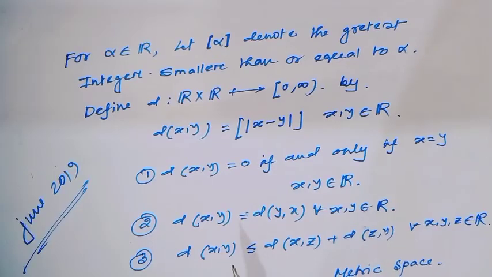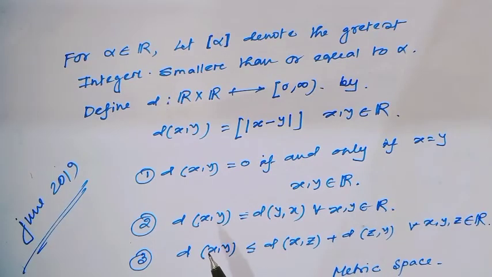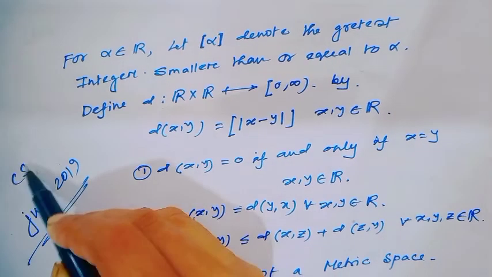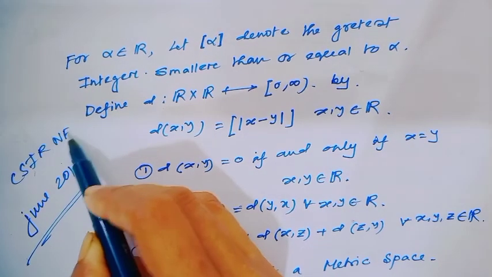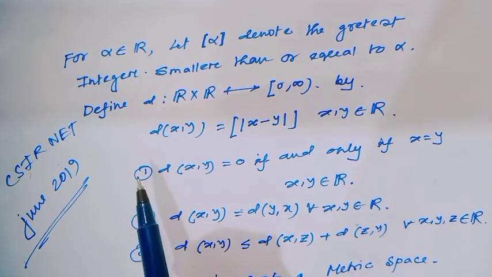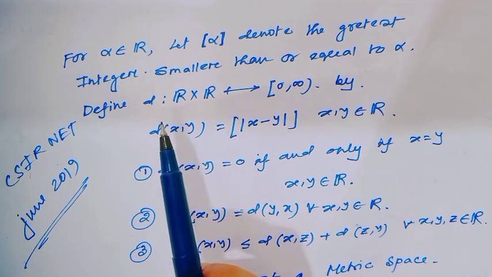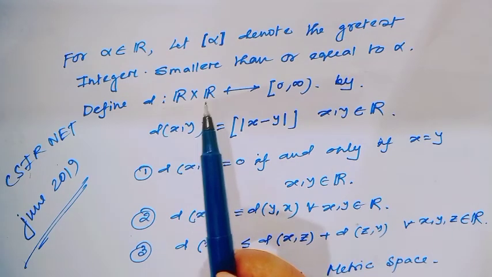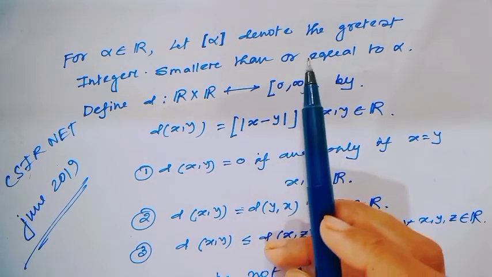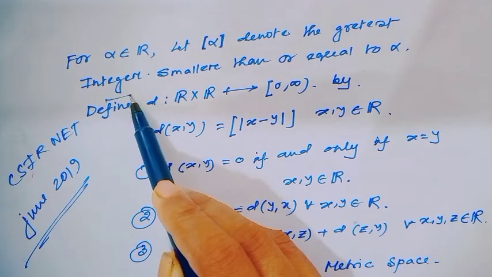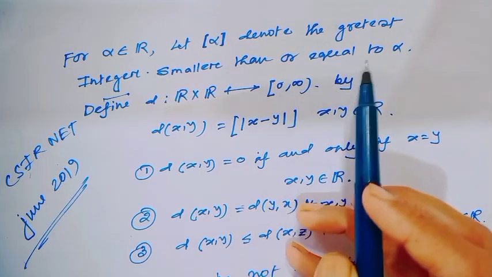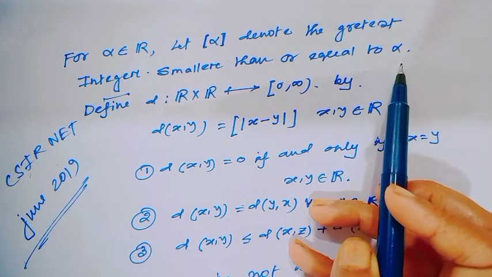Now let's see another type of example which had come in the CSIR NET June 2019 exam. The question is: for alpha belongs to R, let box alpha denote the greatest integer which is smaller than or equal to alpha. We all know the box function.